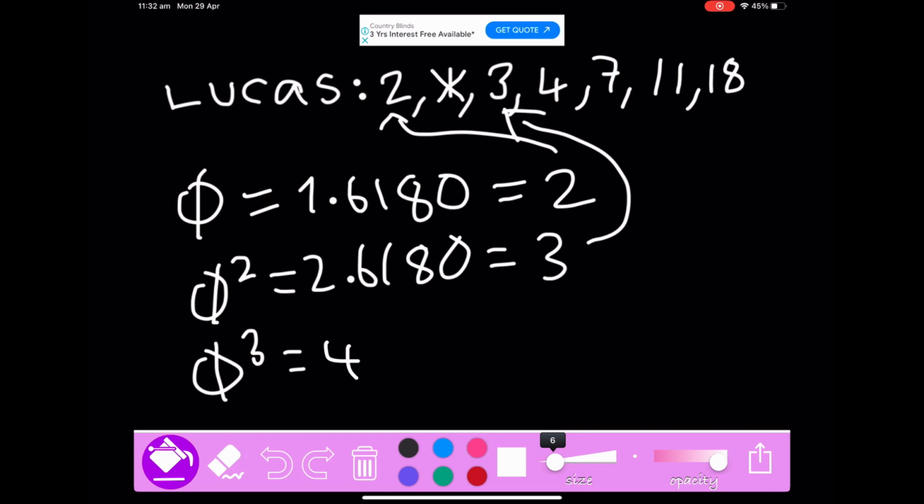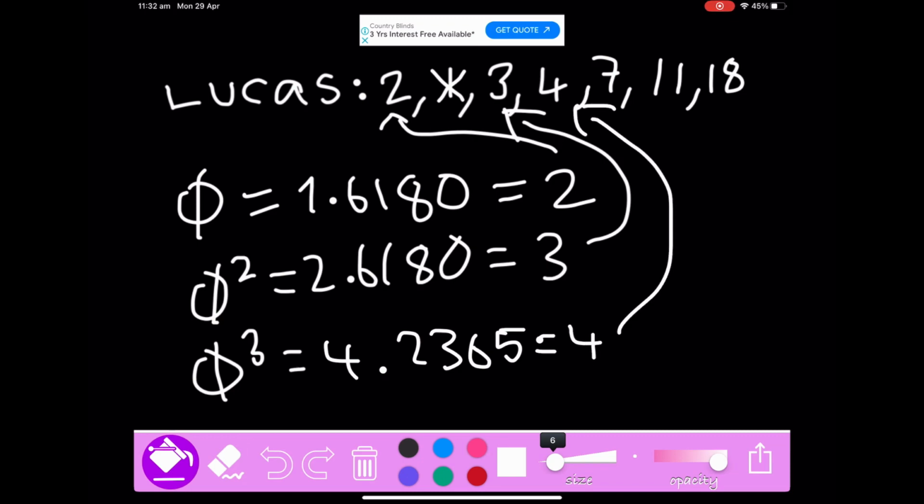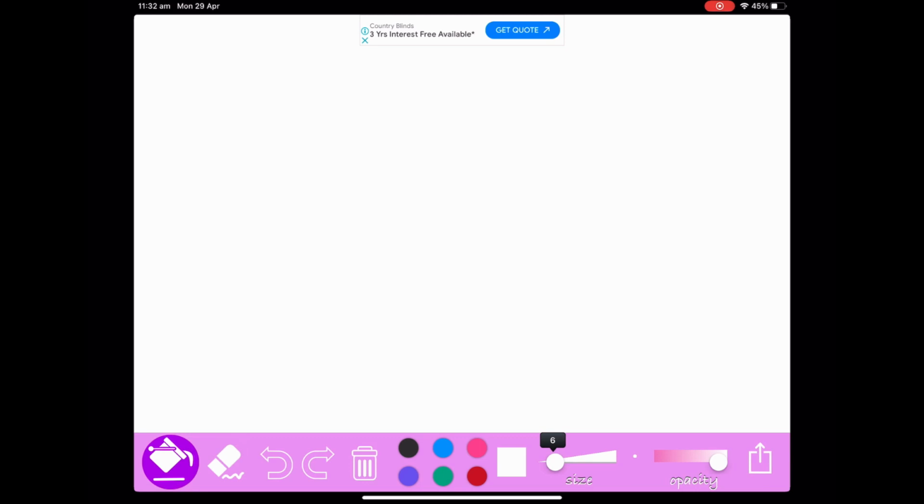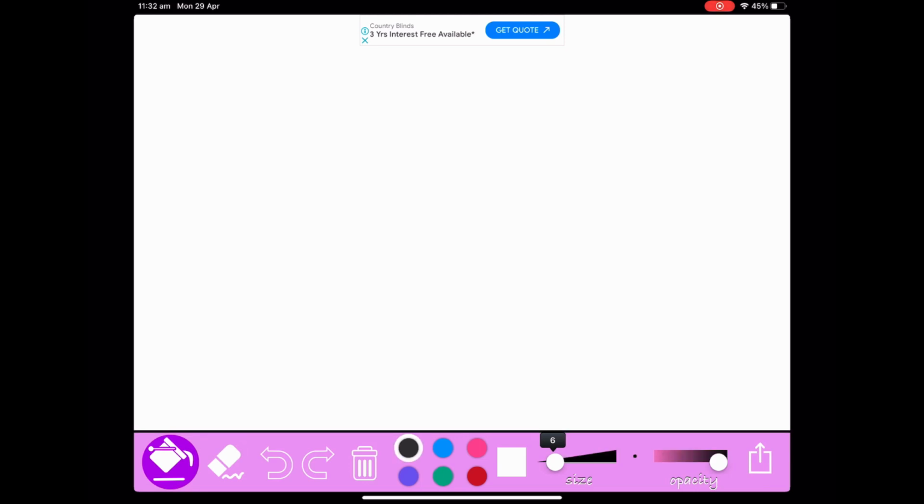Phi cubed is 4.2365. And 4 is our third number, and when we cube phi, we get 4, rounded. And, okay, let's do it one more time. Phi to the power of 4 is 6.6180. And when you round that, you get 7. Okay, let's do it to a random number.